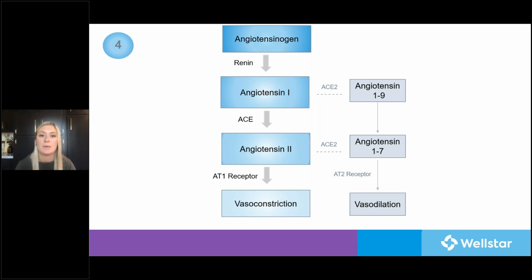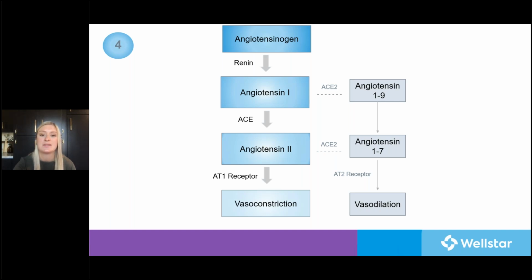So in situations where ACE activity is impaired, angiotensin II formation is prevented or disrupted. For example, patients with lung injury, and it's also thought that in the setting of cardiopulmonary bypass, due to the exclusion of pulmonary circulation, can disrupt this pathway.